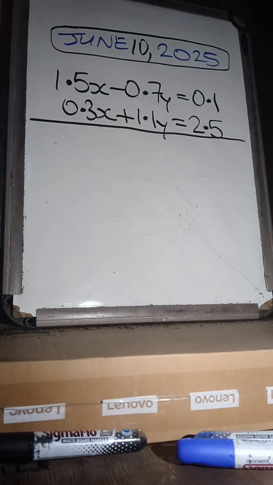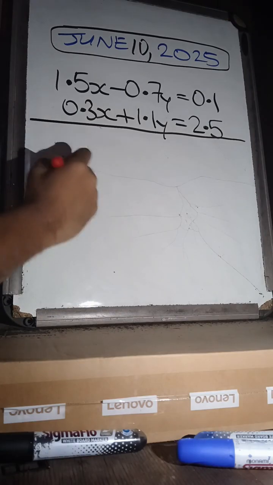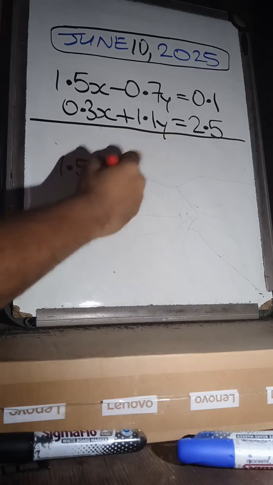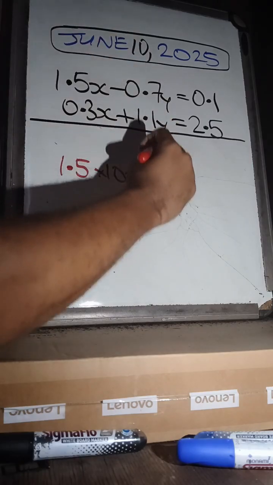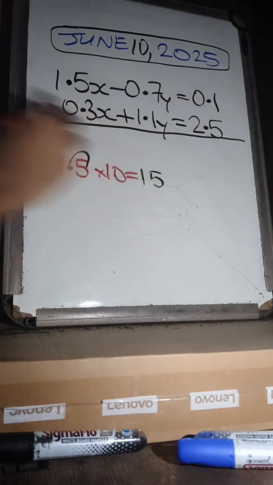If I multiply 1.5 by 10, I'll end up with 15.